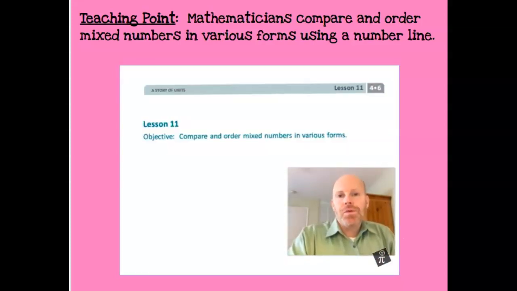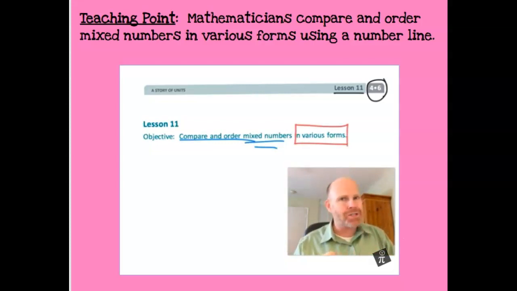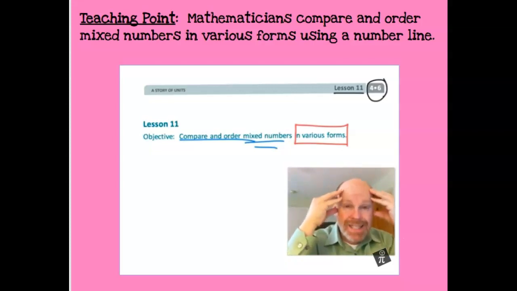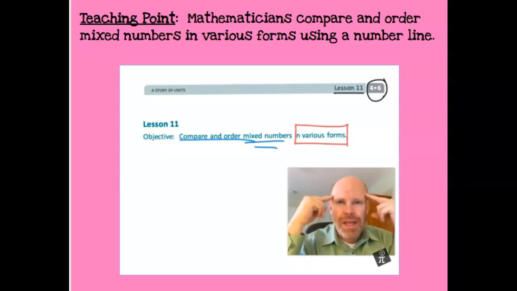All right, this is 4th grade, Module 6, Lesson 11, and in this lesson we're going to continue comparing and ordering mixed numbers, but there's going to be a little twist because those numbers are not always going to be in standard form. We're going to have some fractions, some decimals, and some improper fractions. It's really going to assess whether your students have that fluency, that flexibility with the way to think about numbers.